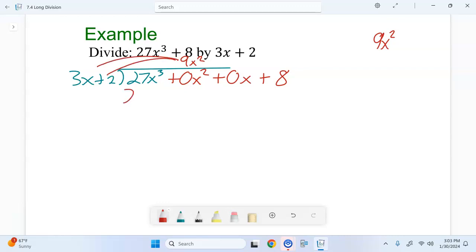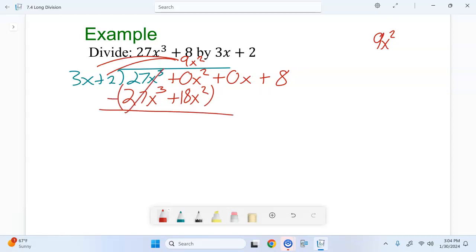So we get 27x to the third plus 18x squared. 9x squared multiplied by 2 equals 18x squared. Okay. So now we have something to subtract it from.